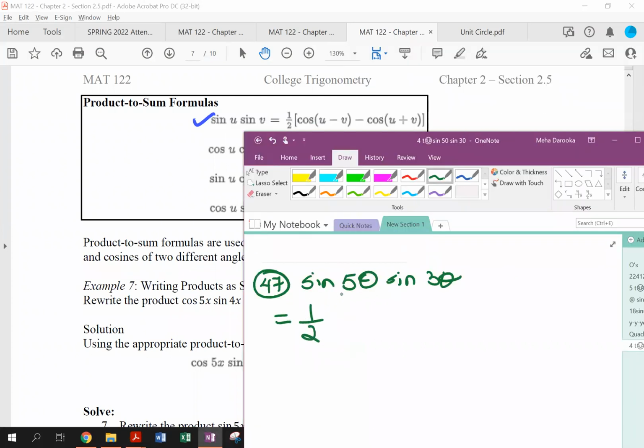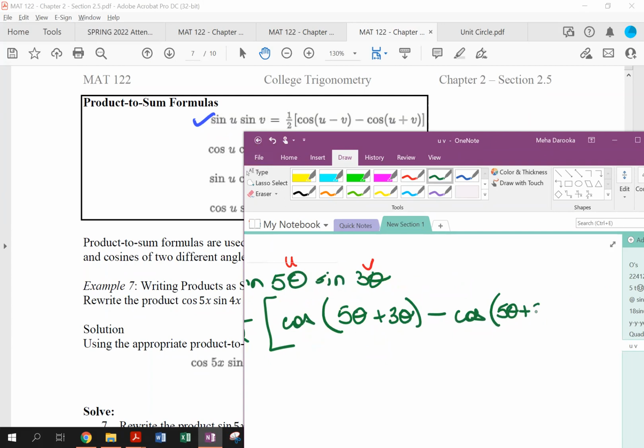So you have 1/2 on the outside, cosine, and you have, think of this as your u and this as your v. So that will become 5 theta plus 3 theta, which of course adds up to 8 theta, and then minus cosine of, again, 5 theta plus 3 theta.